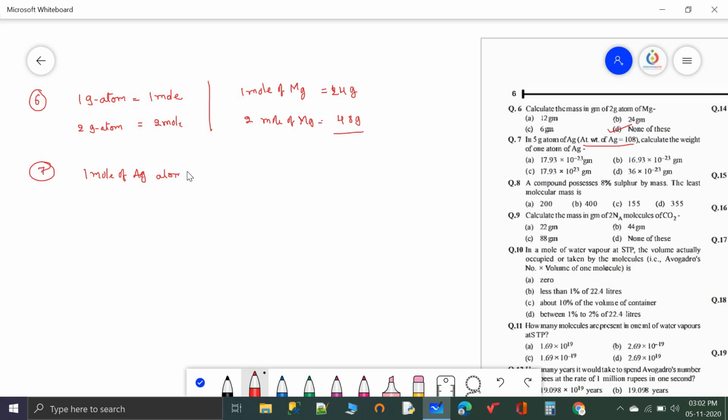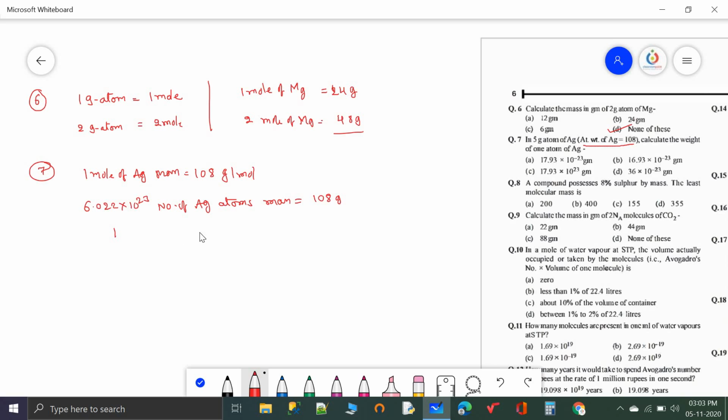The mass of 1 mole of silver is nothing but its atomic mass, 108 grams per mole. So 1 mole, meaning 6.022 into 10 power 23 silver atoms, has a mass equal to 108 grams.